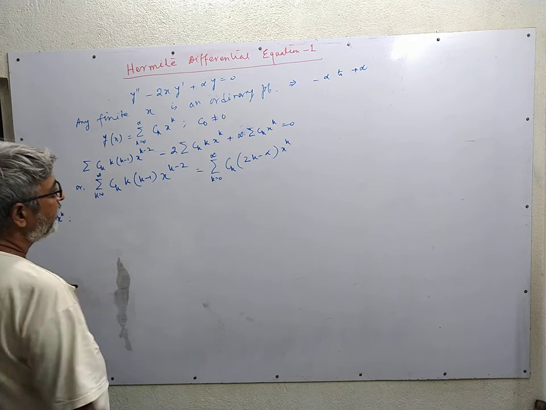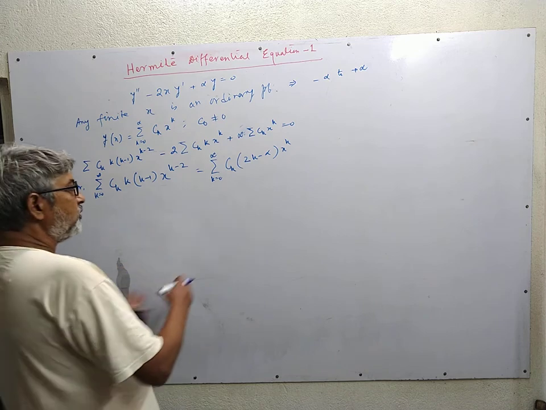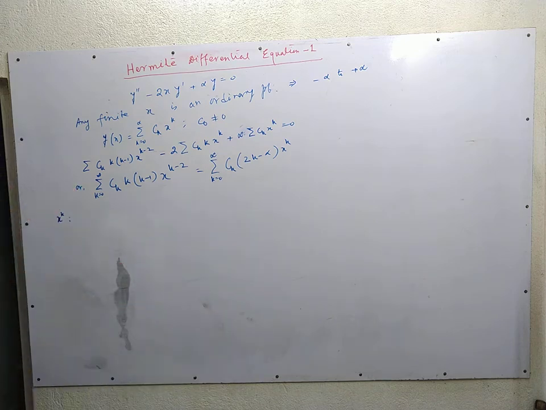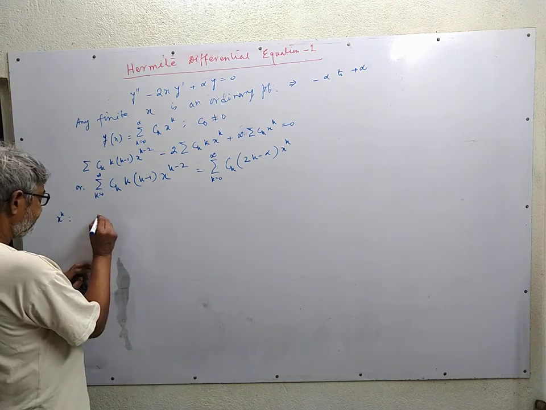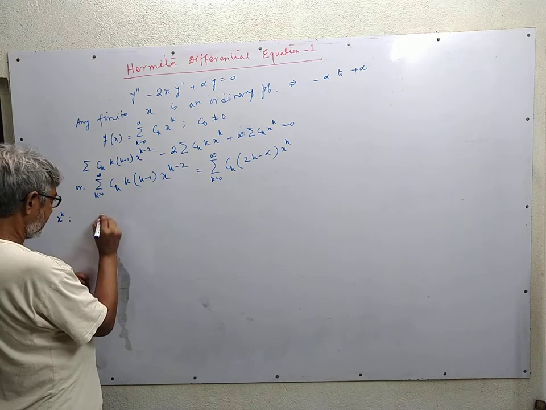That is to say, the coefficient of every power of x on the left will be equal to that on the right. So, x to the power k, this term contributes when k is replaced by k plus 2.